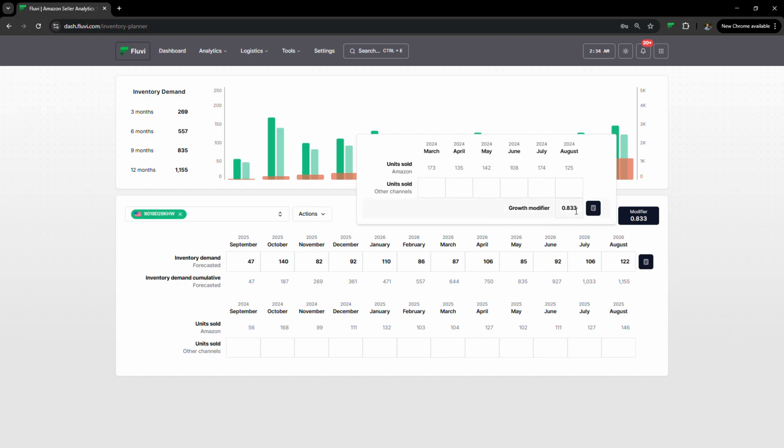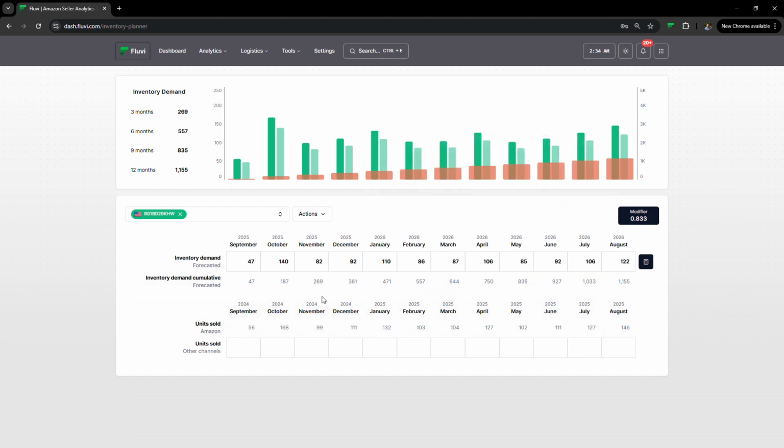In this case, again, the growth modifier is 0.83, which tells us that we are selling 17% fewer units in 2025 than we did in 2024. Now, to look ahead, to get your forecasted inventory demand ahead in time, let's take October as an example.